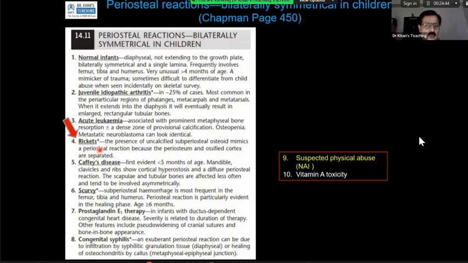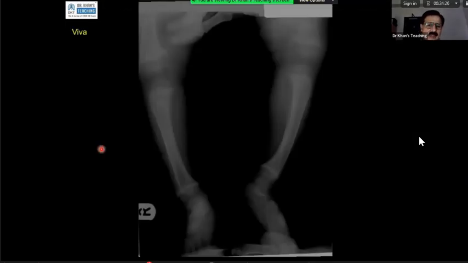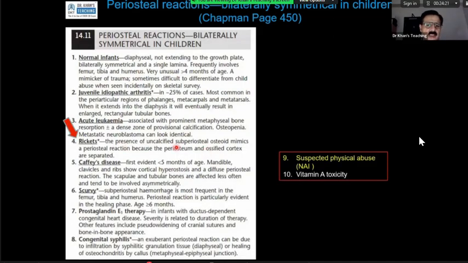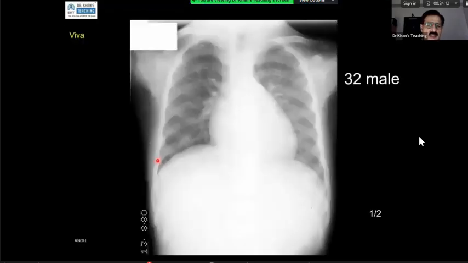This is normal physiological. In rickets, sometimes there is deposition of osteoid which is devoid of any mineral, any calcium. So it gives you an appearance of a periosteal reaction, a mimic. Uncalcified periosteal osteoid mimics periosteal reaction because the periosteum and osteoid cortex are separated.